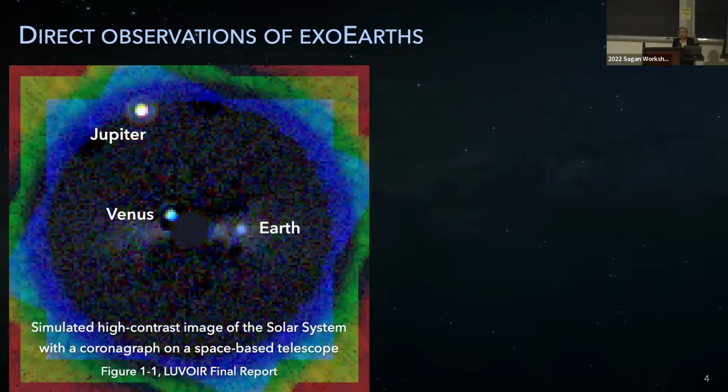So the figure that I showed is the pretty one for public consumption. It doesn't have error bars, but the guy who did all those calculations for both Luvoir and Habex, Chris Stark from Goddard, or he was at Space Telescope at the time, is super conservative and pretty anal. So his plots have error bars. If you go into the Luvoir final report, chapter 3, you can see the error bars.